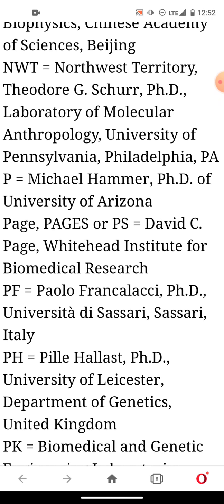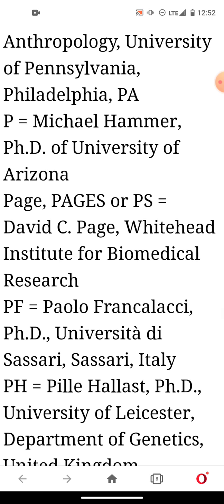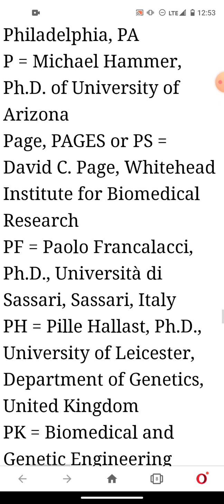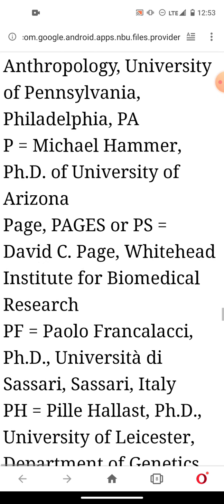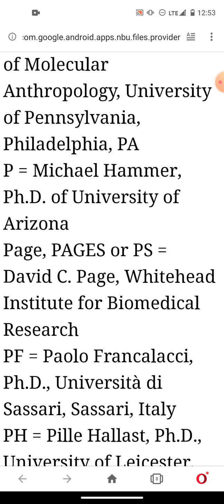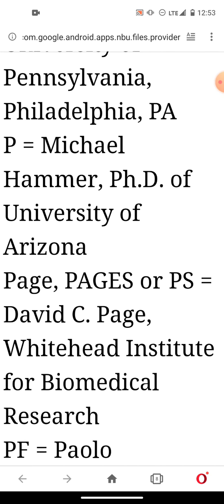I wasn't connecting the dots on it being a test lab. So Page, for some people it could be Page or PS, and that would be David C. Page, Whitehead Institute of Biomedical Research. And some of us have P, and that would be Michael Hammer.